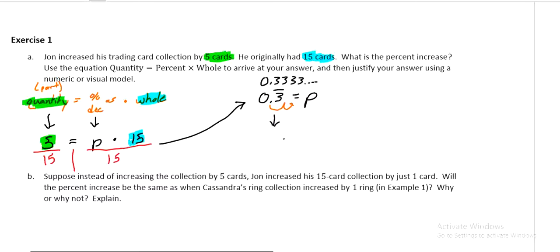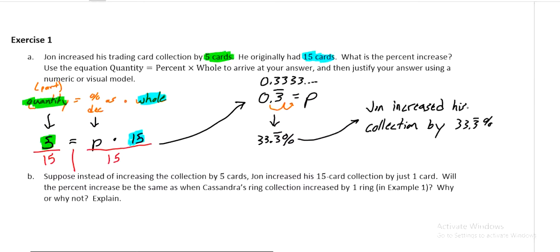So this as a percent will be 33.3 repeating percent. And as our final statement, we will say John increased his collection by 33.3 repeating percent.